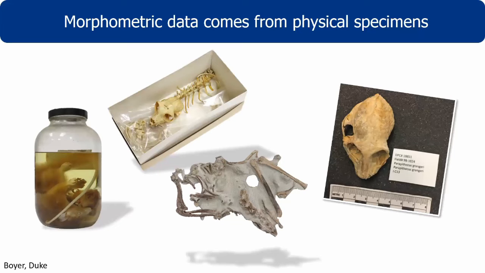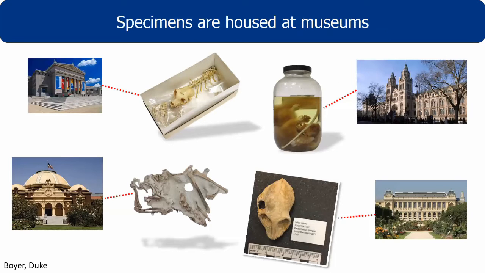So the first thing that I think is important to remember here is that morphometric data comes from physical specimens, which seems obvious, but let's start by stating the obvious, and that physical specimens are housed in museums.